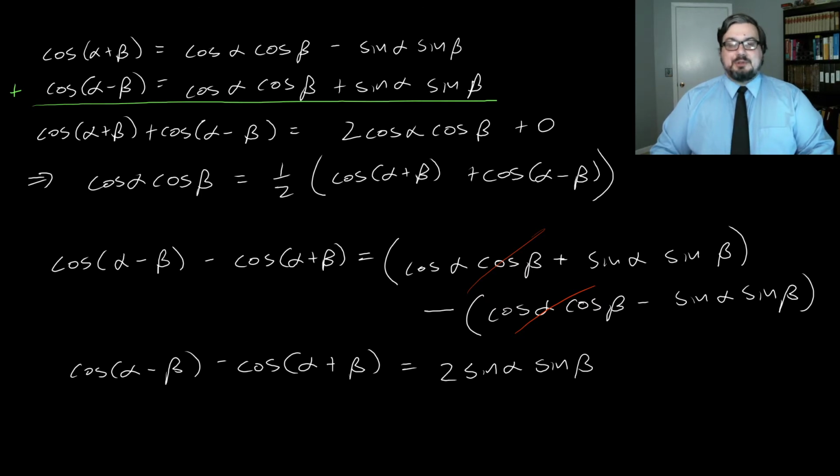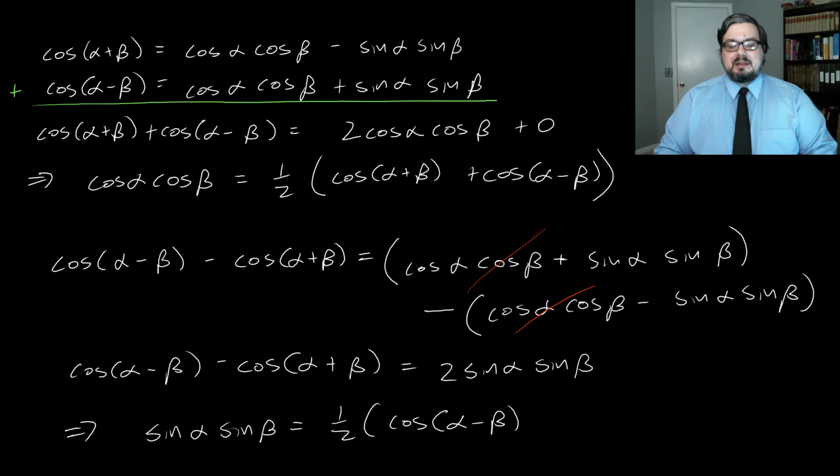So that gives us 2 of those sine alpha sine betas. So we get that sine alpha times sine beta is equal to 1/2 times cosine alpha minus beta minus cosine alpha plus beta.